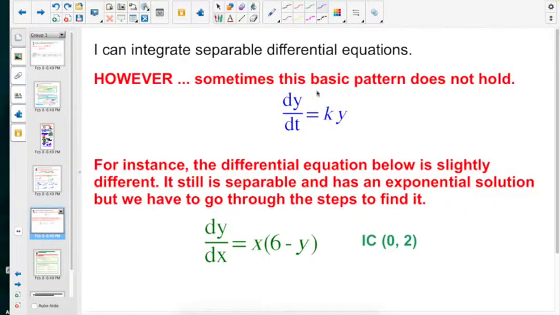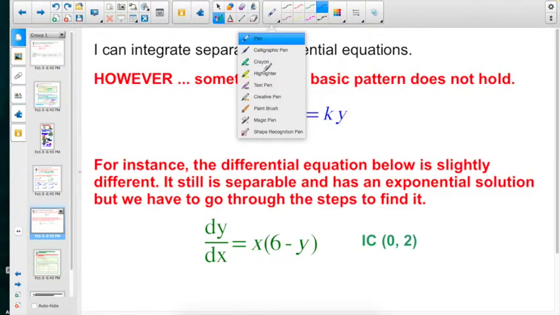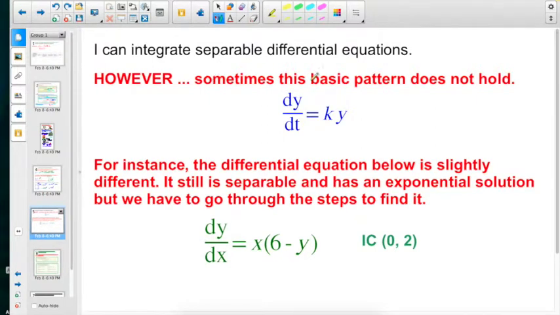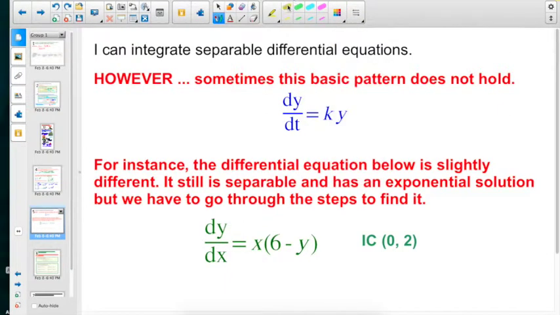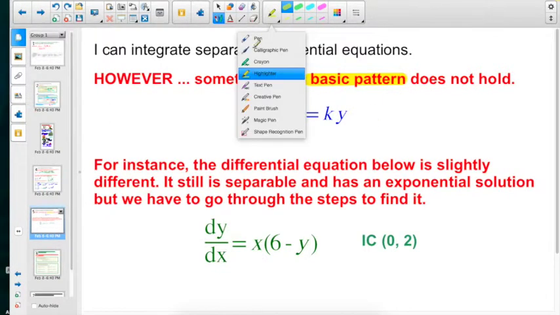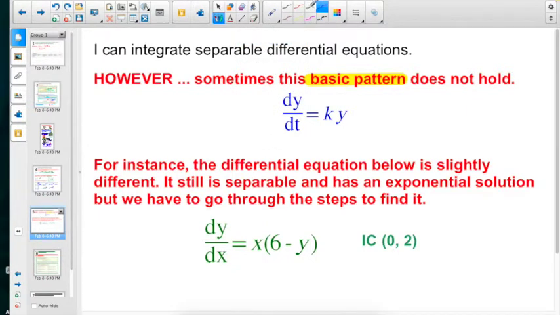What happens when this pattern does not hold? Okay, so we have to recognize that we have this basic pattern, where the rate is proportional to the amount present.